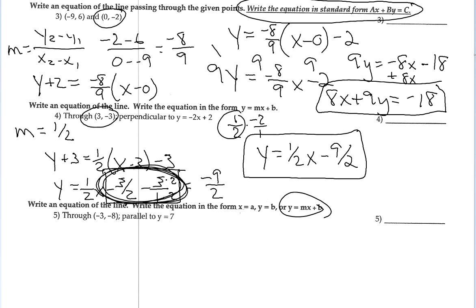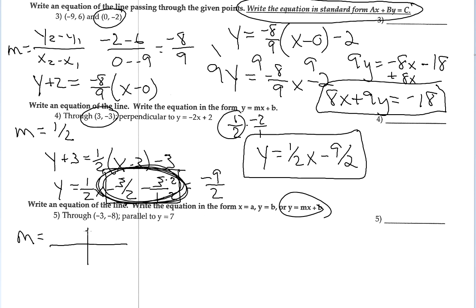Okay, here. So we've got parallel to y equals 7. Well, if we're figuring out what the slope is, one of two ways I could look at this. Let's see, here's a little graph.